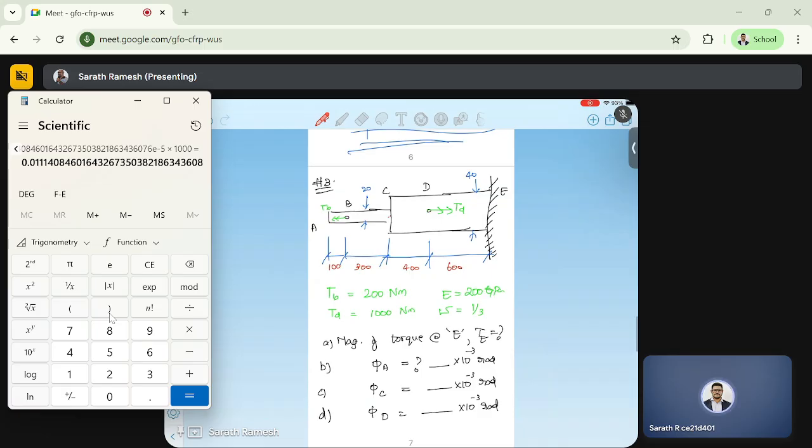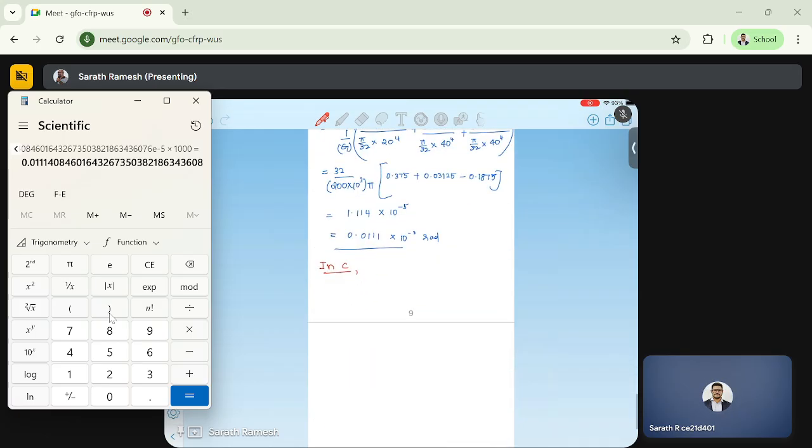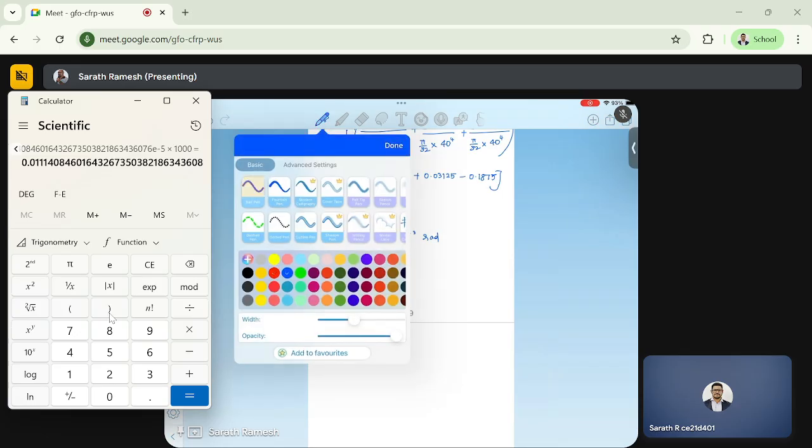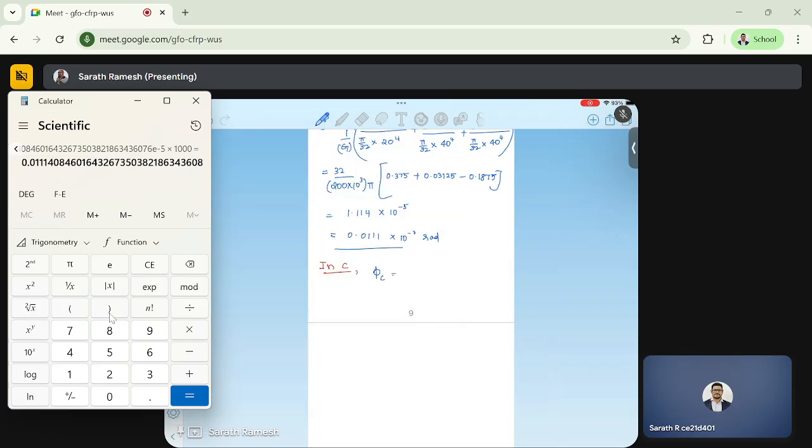At C, we need to add two components, that is the CD part and the DE part, right? So phi C will be equal to TL by GJ of CD plus TL by GJ of DE.